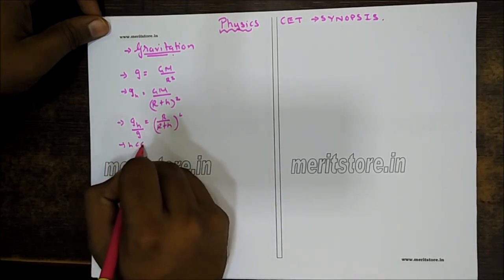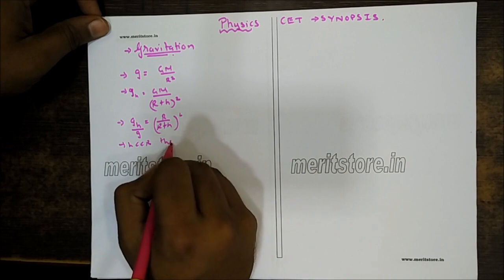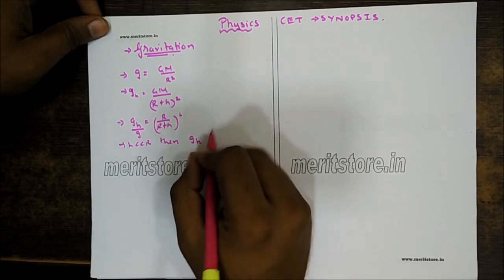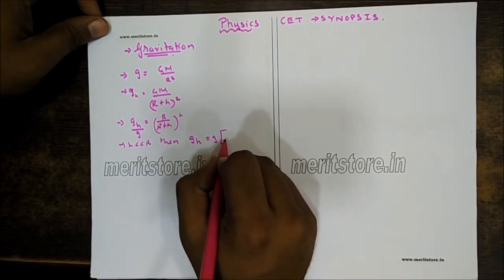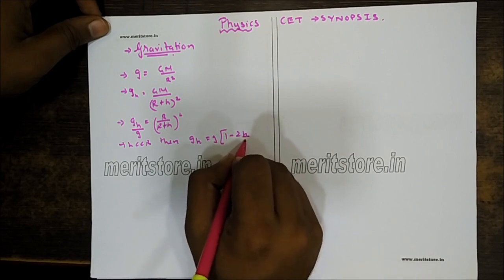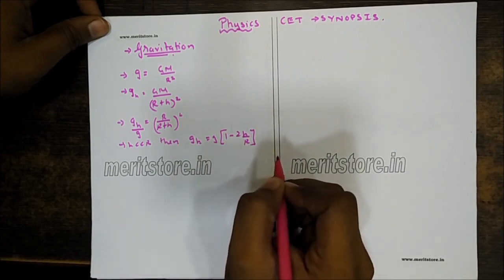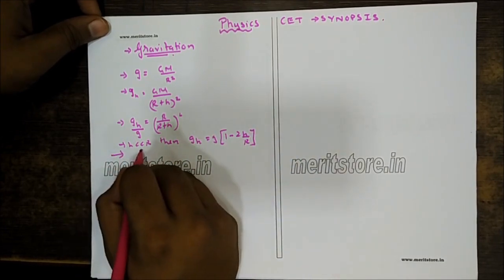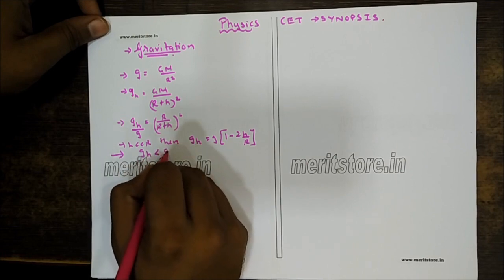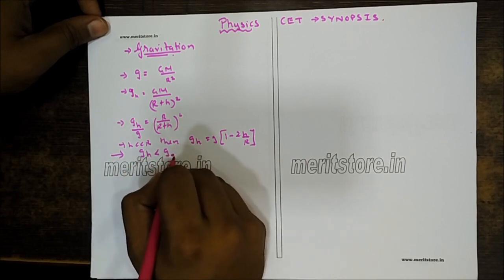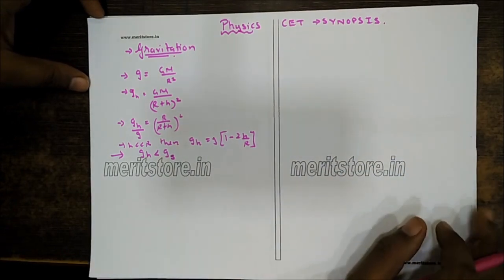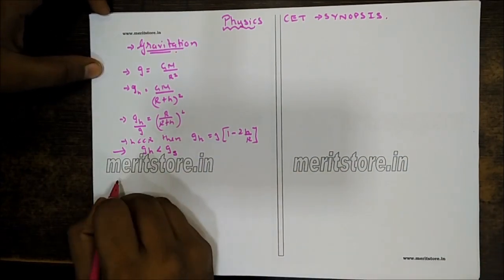If h is very small compared to R, then g_h is equal to g into (1 minus 2h upon R). An important synopsis: g_h is always less than g, the acceleration due to gravity on the surface.